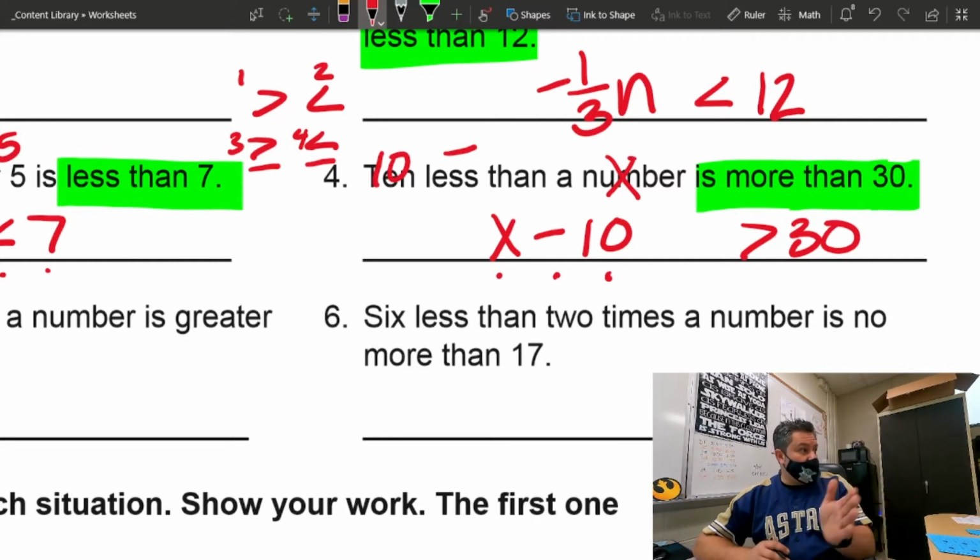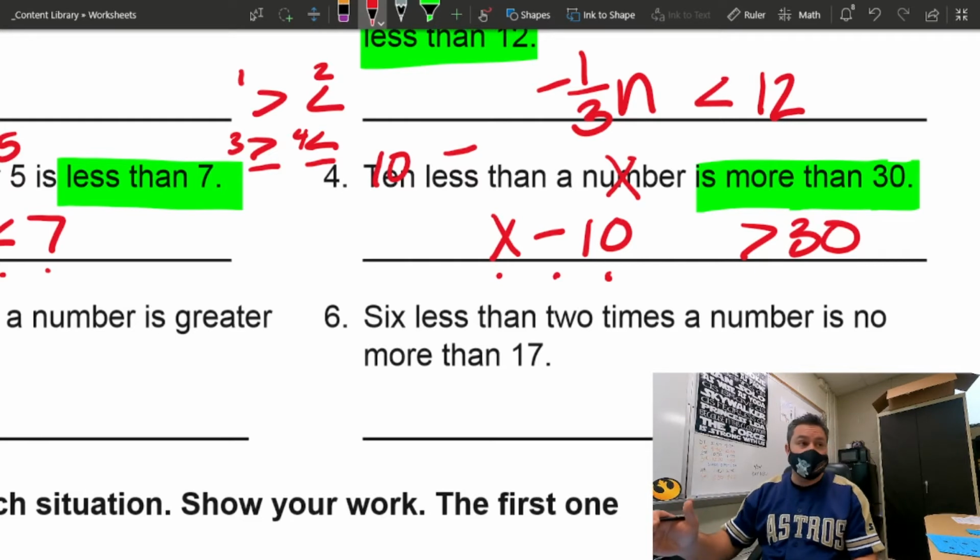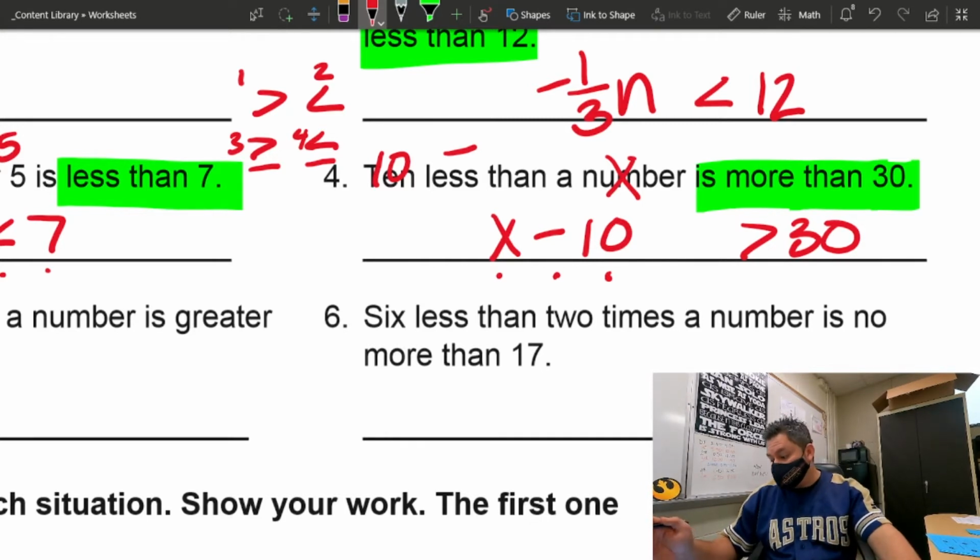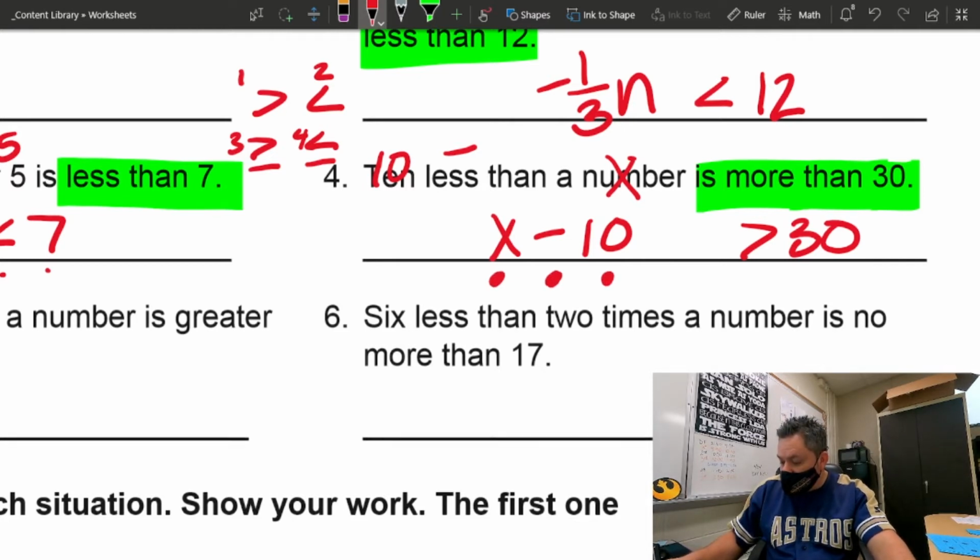Sometimes the way you read it doesn't necessarily translate directly to how you're writing it. And you gotta be able to recognize that on the subtractions, especially. The subtractions are the ones that are gonna get you. 10 less than a number, or a number minus 10, or a number decreased by 10.